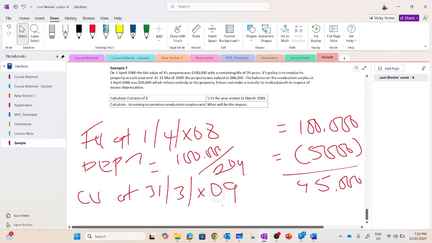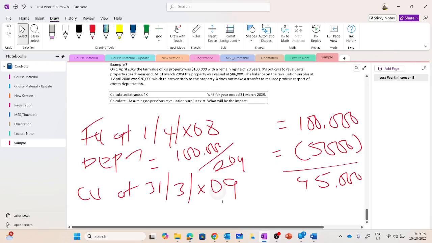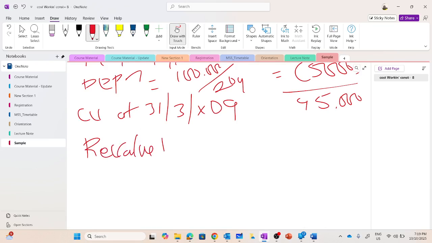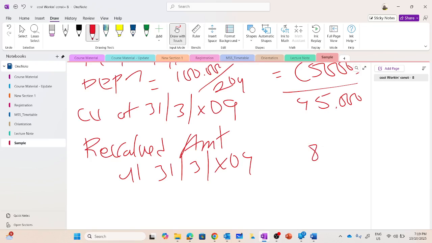Now, as at 31st March, the property was revalued. So we look at the revalued amount at 31st March 20X9, which is 86,000.